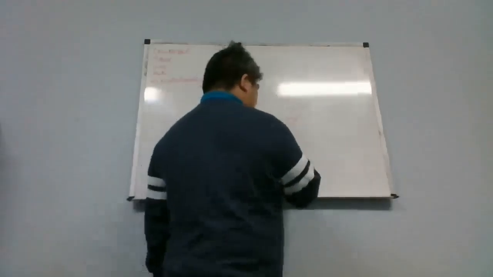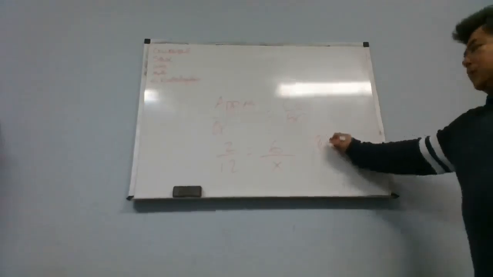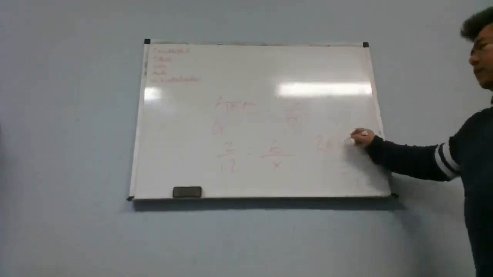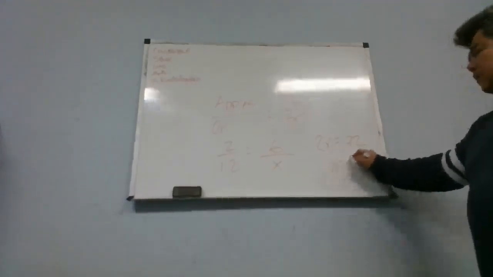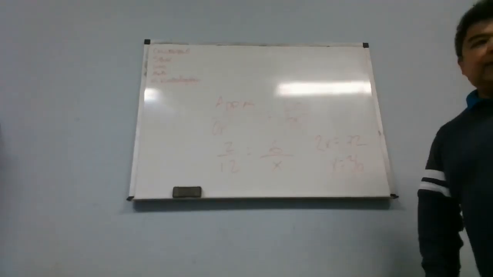Okay, you got 2 and 12, and then you have 6 cherries here over x, because we don't know how many grapes there are. Good, okay. Cross multiply, so you have 2x equals 72, which divided by 2 is 36. That's right. Cross multiply works.